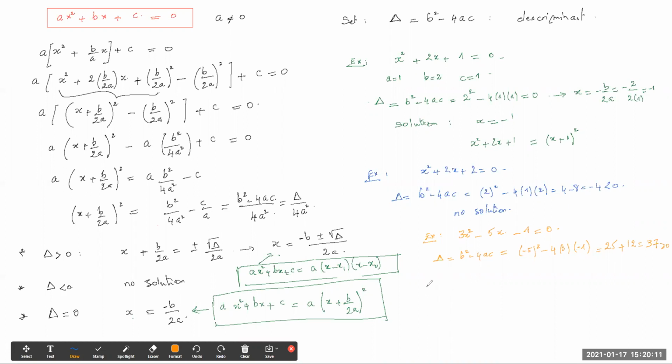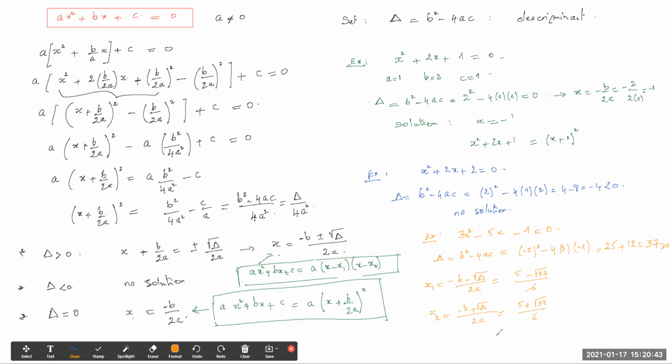So I have two roots. x1 is minus b minus square root of delta over 2a, so 5 minus square root of 37 over 2 times 3, which is 6. And x2 will be minus b plus square root of delta over 2a, so it will be 5 plus square root of 37 over 6.